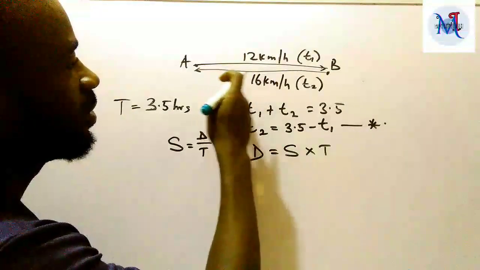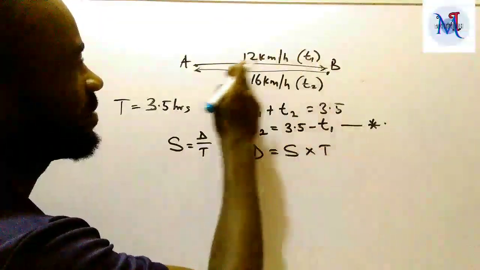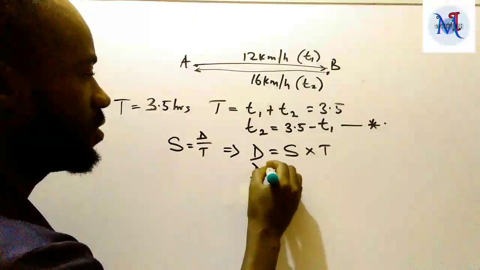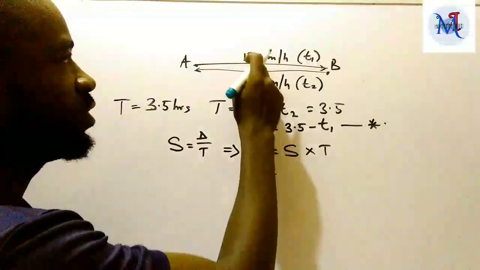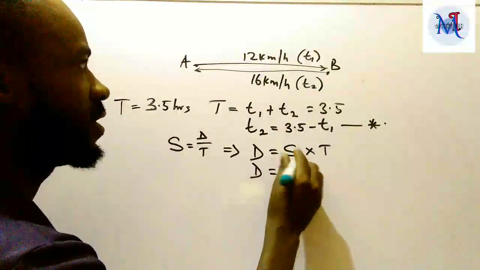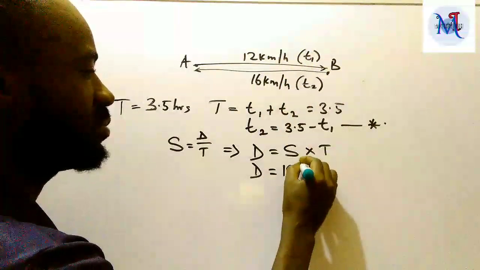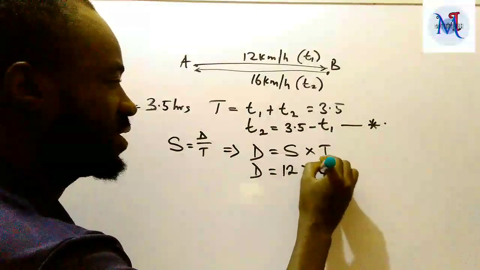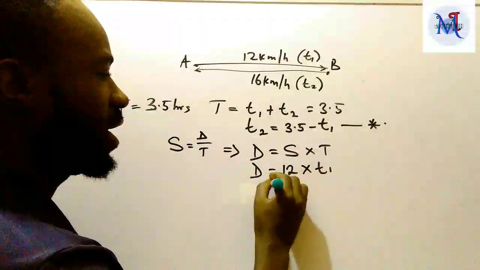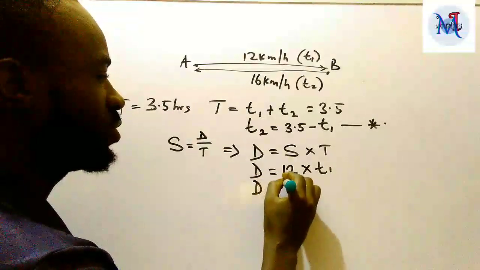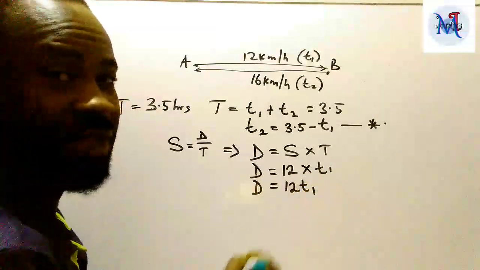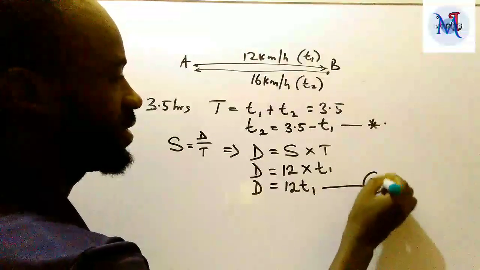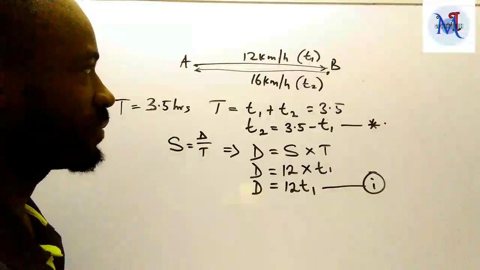So if I want to calculate the distance for this first journey from A to B using this formula, my speed, which is 12 km per hour, times the time taken, which is not known, that will be T1, and my distance is going to be 12 T1. Let me also keep this aside. Let me call that equation 1.